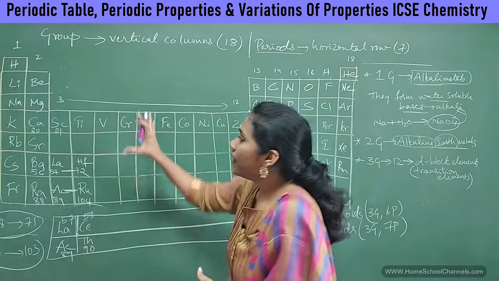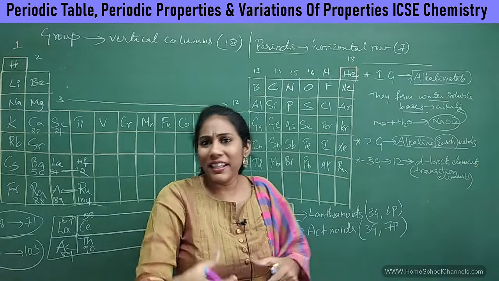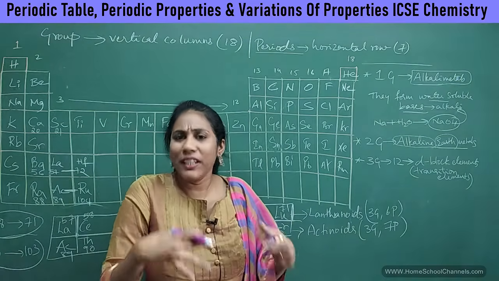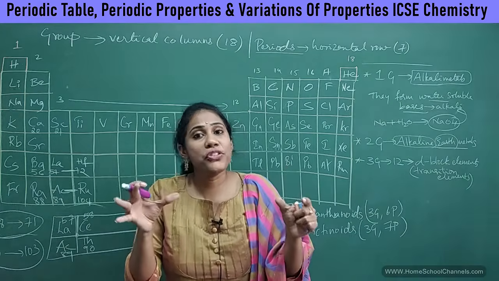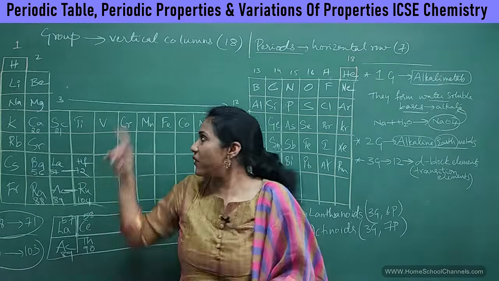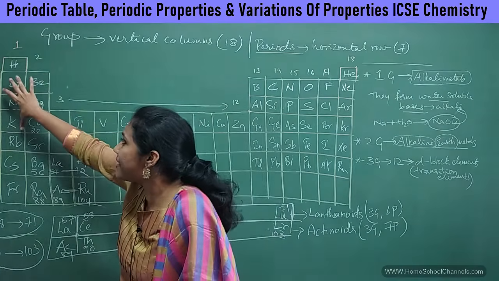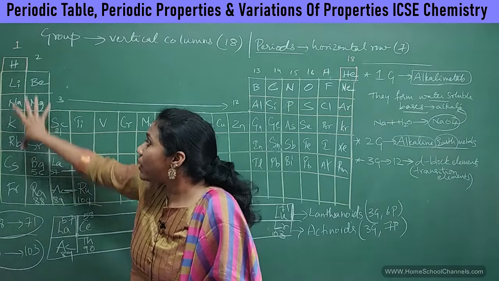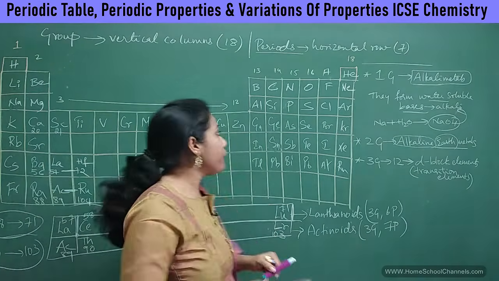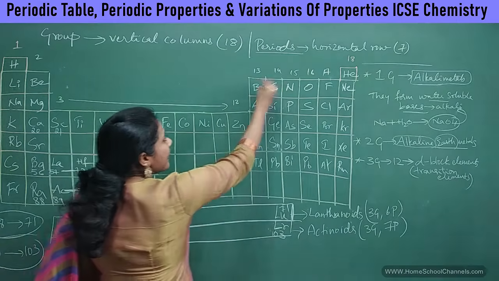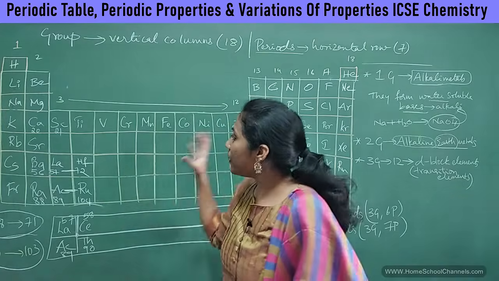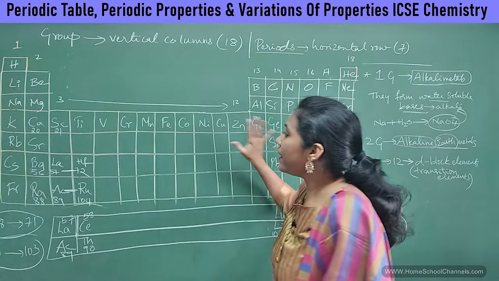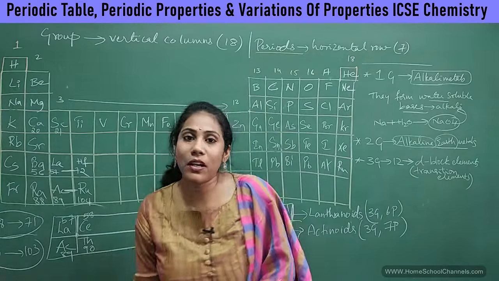So actually this S, P, D and all, we give these names because of the outermost electron location. Okay, so if the outermost electron is there in S orbital, we call them as S block elements. If outermost electron is there in P orbital, we call them as P block. If outermost electron is there in D orbital, we call it as D block, right?